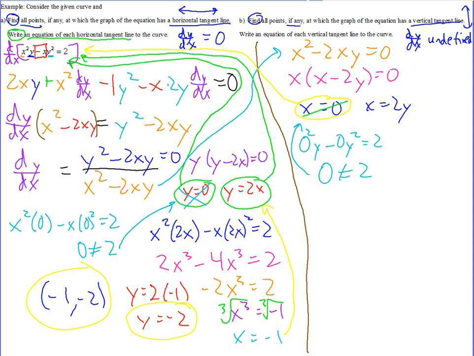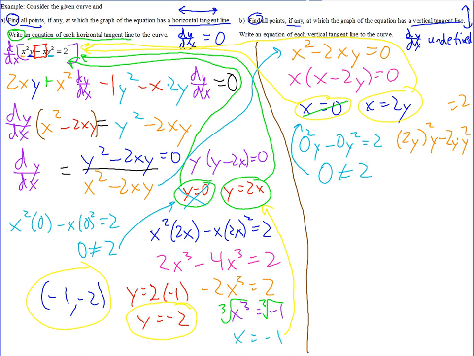And then try x equals 2y. Substitute that into the original one. So we get 2y squared times y minus 2y times y squared equals 2.